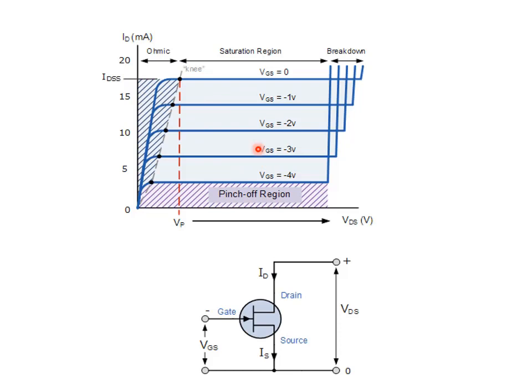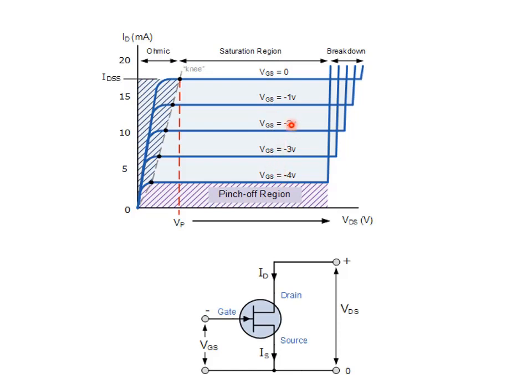Maybe the main difference you can see between this graph and the BJT transistor is that each curve is controlled by the gate to source voltage, so the voltage between the gate and the source. So remember, this is a voltage controlled device, not a current controlled device. Before, in the BJT, we had base current that controls the curve of the transistor.